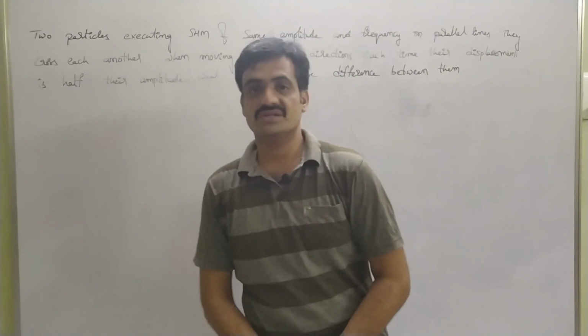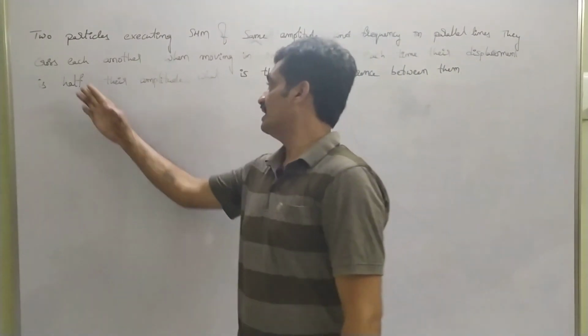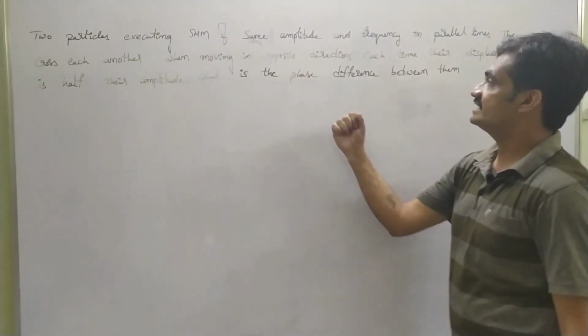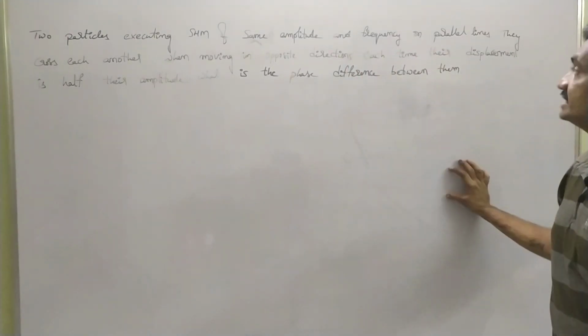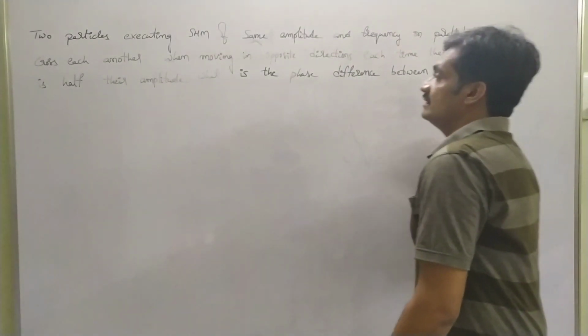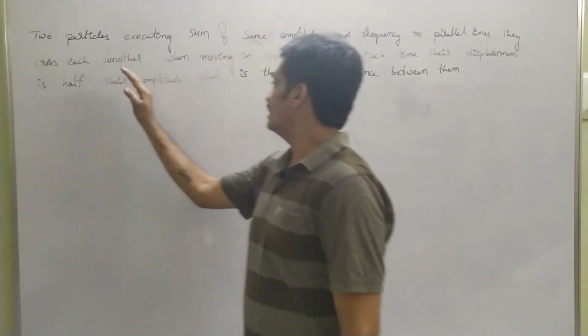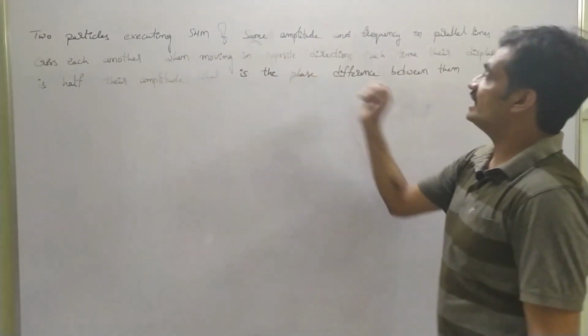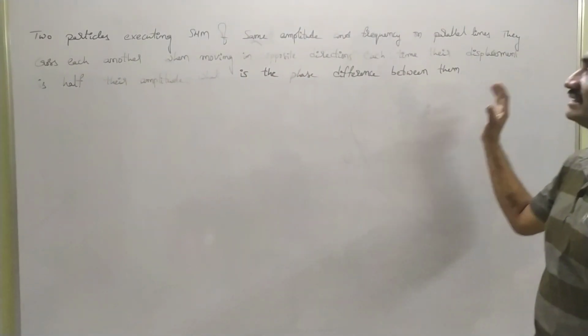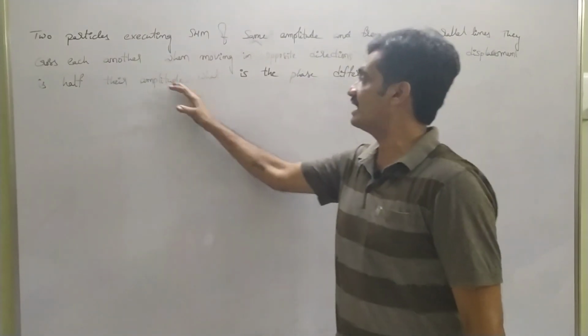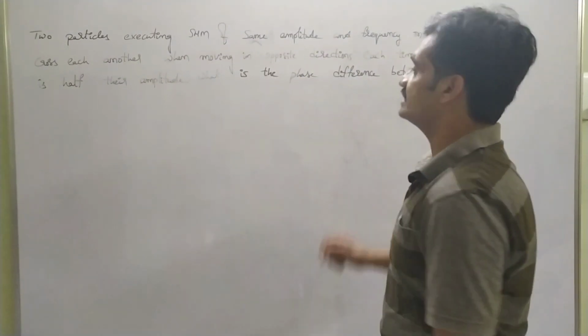Let's solve a numerical based on these phasor diagrams. Observe that two particles executing SHM of the same amplitude and frequency on parallel lines cross each other when moving in opposite directions. Each time their displacement is half their amplitude. What is the phase difference between them?